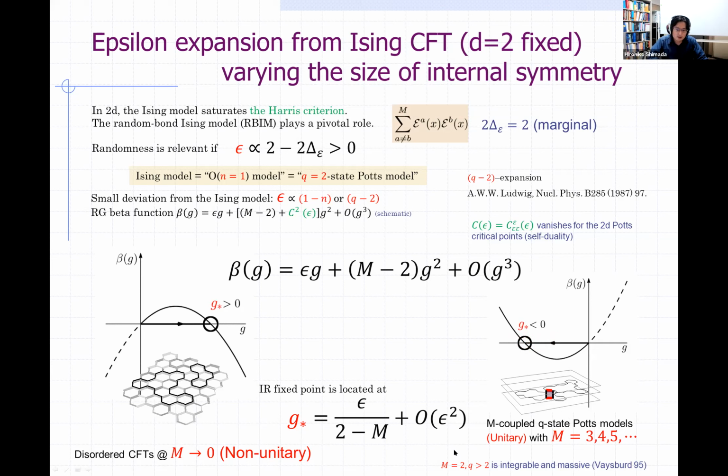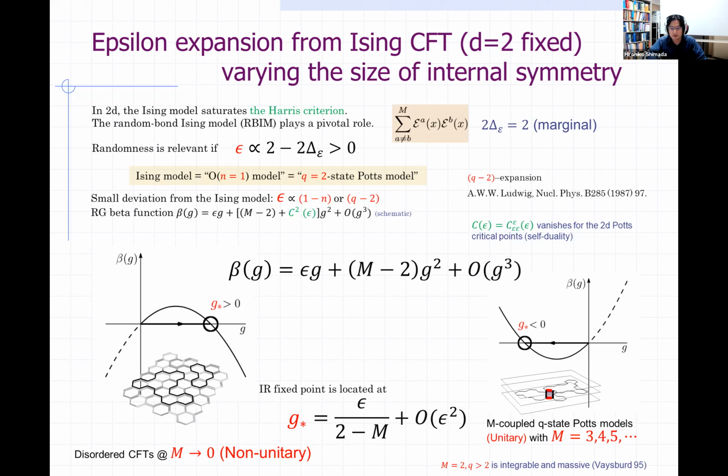It is known that at M equal 2, we have the Ashkin-Teller models at Q equal 2. But if Q is larger than 2, it is known that even such models, for generic Q, are integrable and actually found to be massive. So we discuss basically M equals 3, 4, 5 as isolated fixed points.